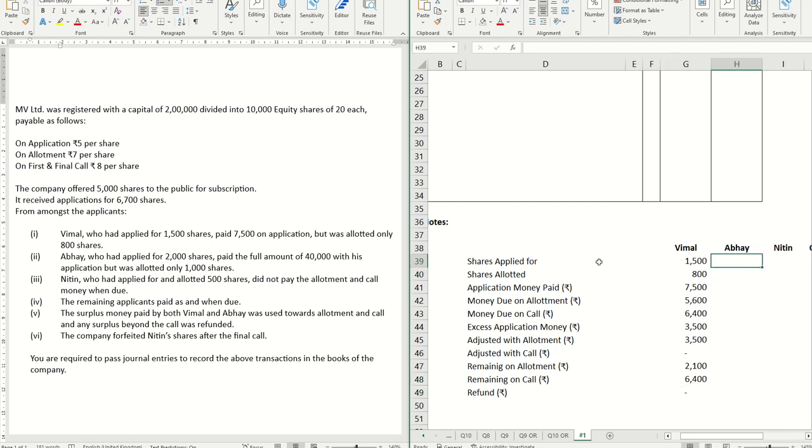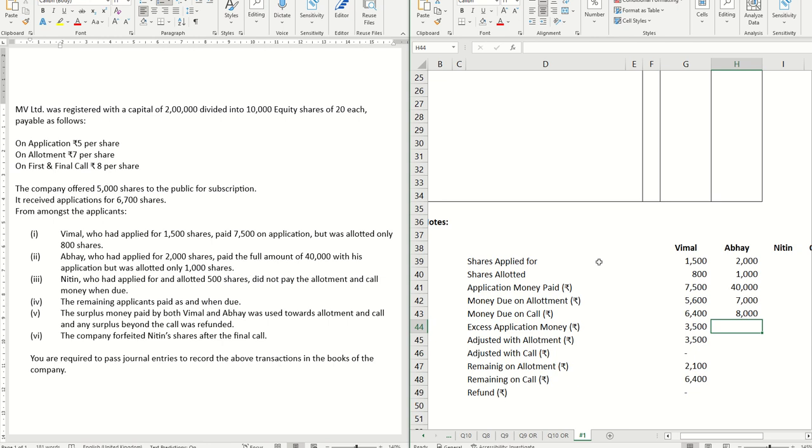Let's see Abhay's case. He applied for 2,000 shares and he was allotted only 1,000 shares. Application money paid, he paid 40,000 rupees during application. Money due on allotment from him is 1,000 shares into 7 per share, which is 7,000. Money due on call from him on 1,000 shares is 1,000 into 8, which is 8,000 rupees.